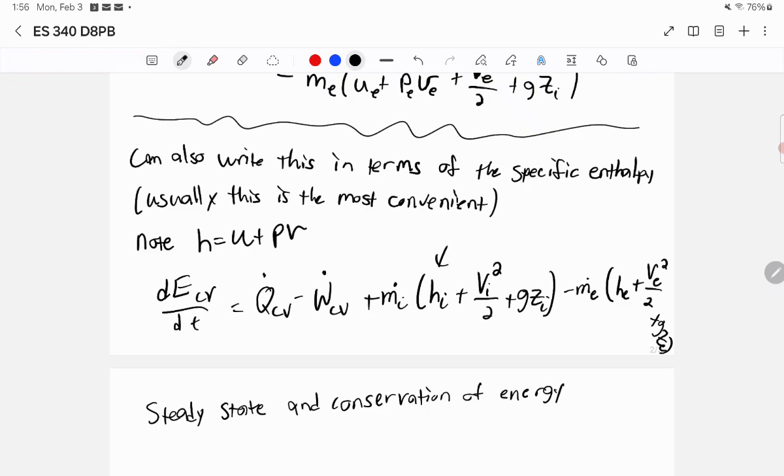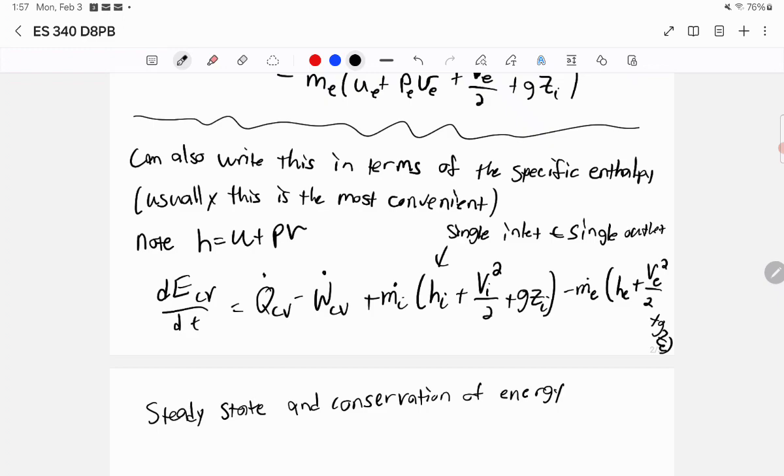Notice that if I just have to look up the specific enthalpy on the table, that's going to be a lot easier than having to calculate it out, especially since this is a single inlet and single outlet.